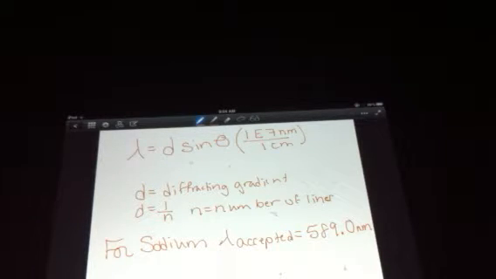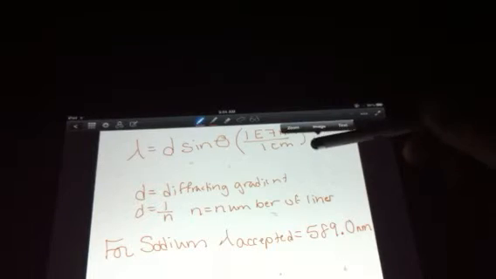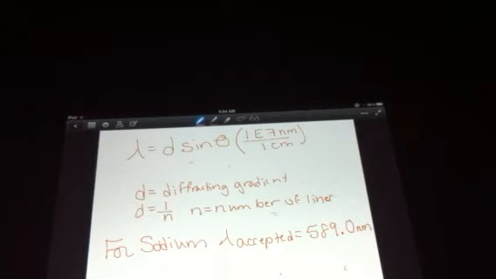Okay? So, your D is 1 over 1,000. Sine theta. Theta is the angle you got from the previous one. This here is a conversion. Because we use centimeters, we need it to be in the measurements of nanometer, because wavelengths are measured in nanometer. Okay? Once you have that, it should give you your wavelength.